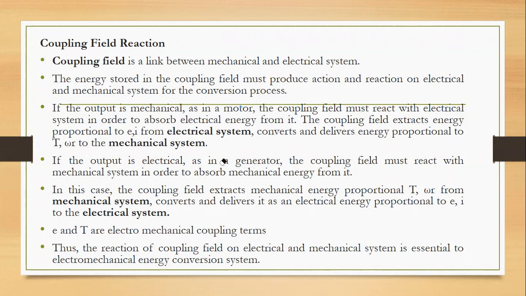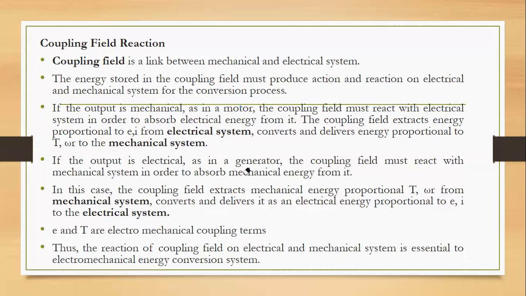However, if the output is electrical, that means in the case of a generator, it converts mechanical energy to electrical energy. So the coupling field first reacts with the input, which is the mechanical system, in order to absorb mechanical energy, which is proportional to torque and speed.